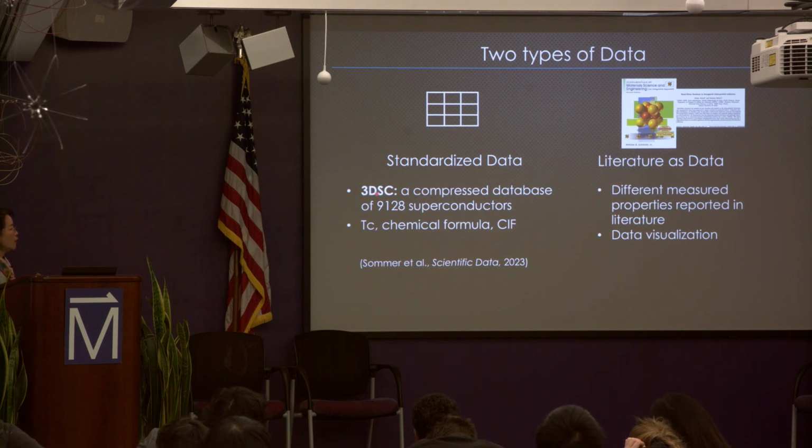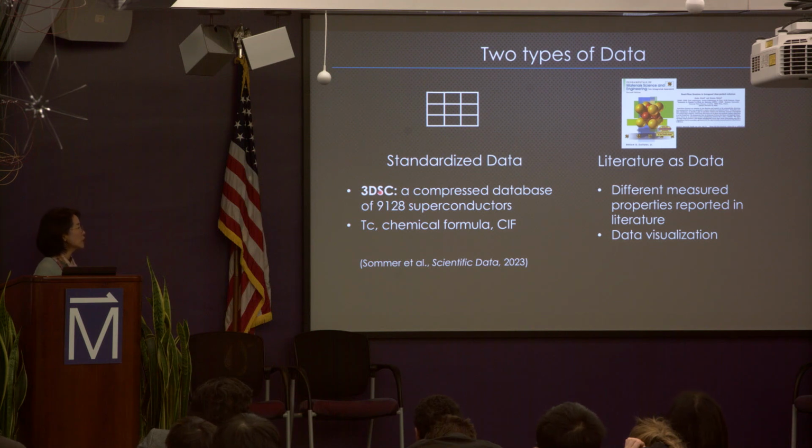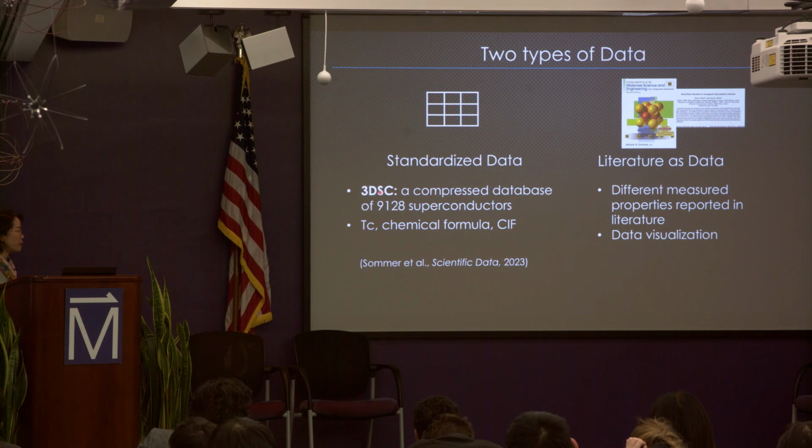Everybody in the community wanted to know the structure, the role of structure. So this 3DSC was an effort led by our previous lecturer Jorg and his colleagues, reducing the Supercon database into something that takes a rectangular form and adding to it the structural information.